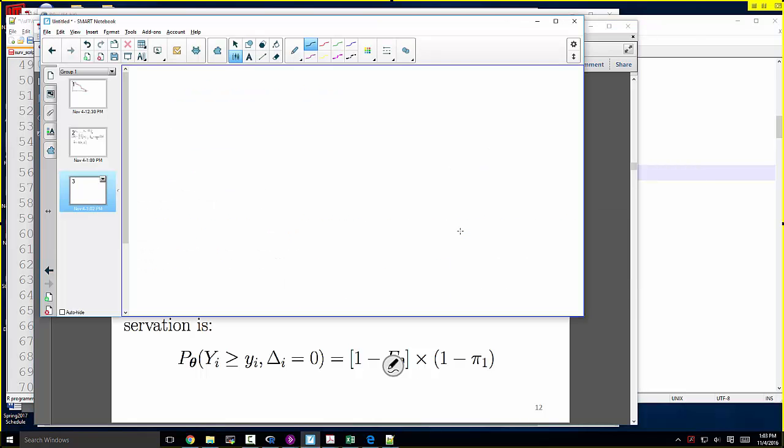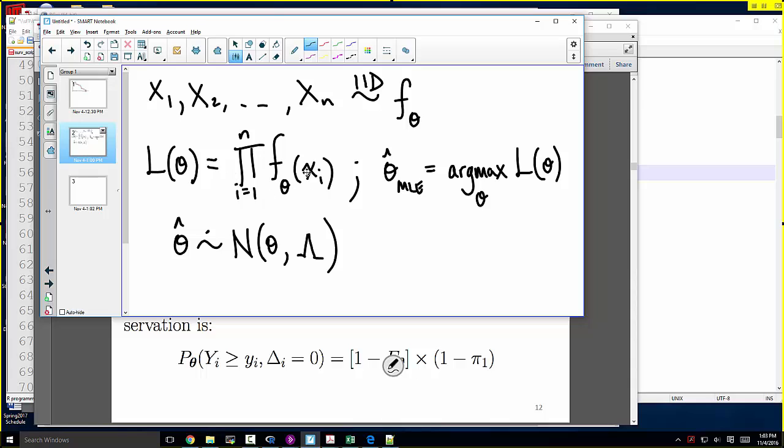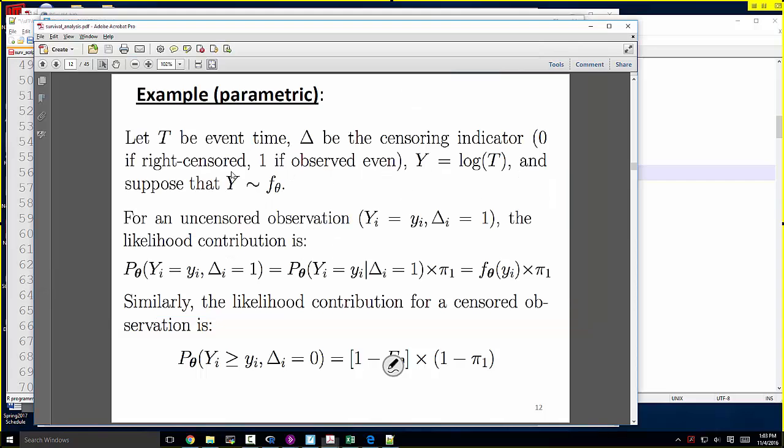When we have IID data, each individual contributes to the likelihood by multiplying. So every individual contributes with a multiplicative factor, and in this case it's just the same density multiplied each time, but evaluated at each xi.